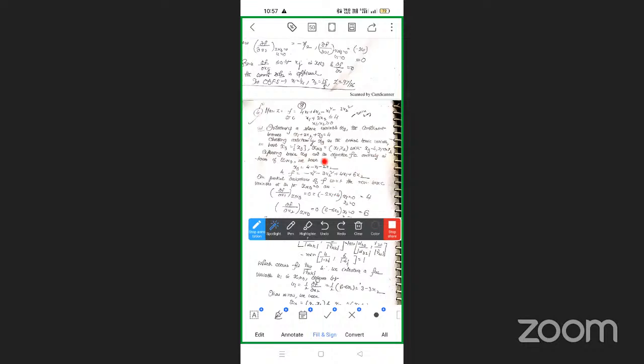Next, expressing the basic variable in terms of the non-basic variables: x3 = 4 - x1 - 2x2.